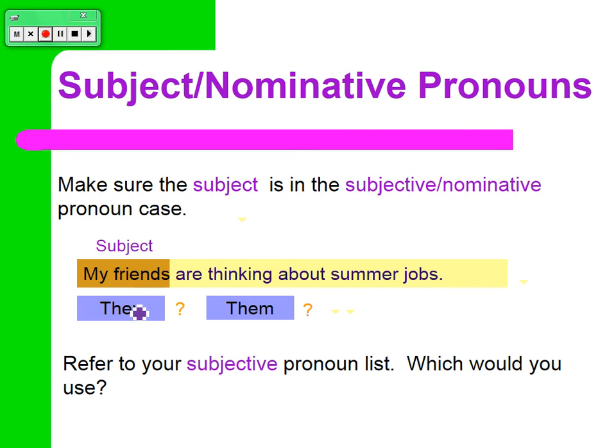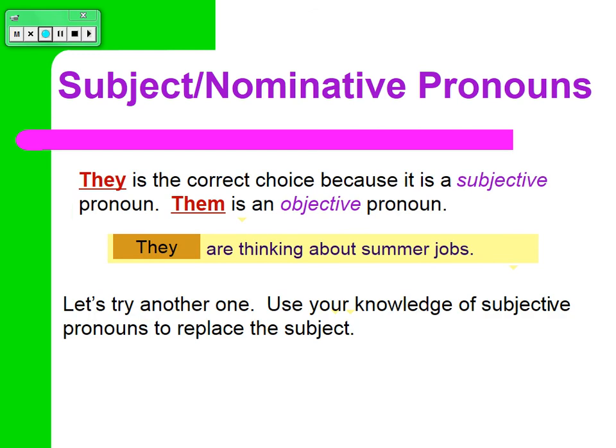Should I use they or should I use them? One of these is a subject pronoun, the other is not. Okay, they is the pronoun I would have to use because it is a subject pronoun. Them is an object pronoun, which we will get to in just a second.